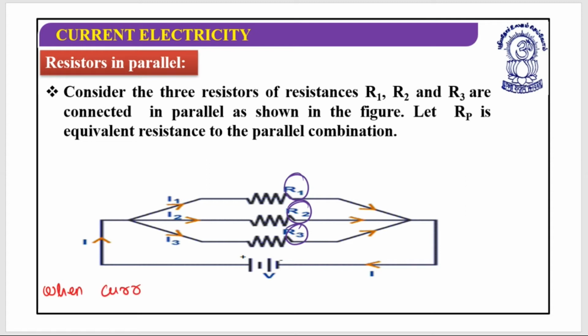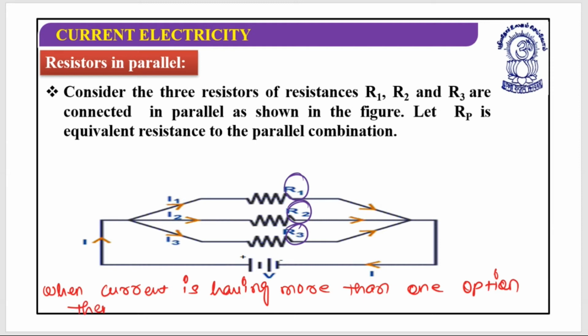current is having more than one option, then it will be a parallel combination.